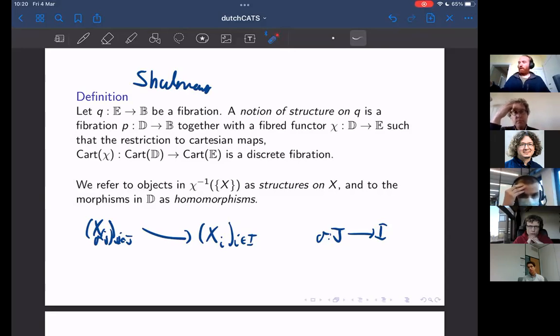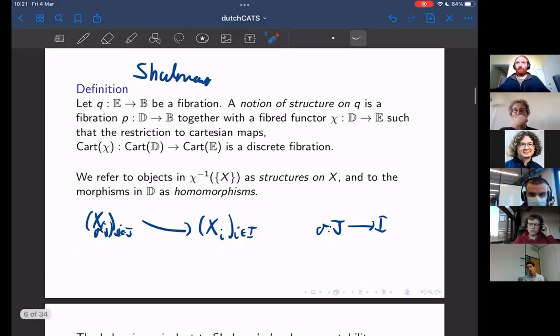Another thing I can say is that if you have a group structure on here, there's a unique group structure on these that makes this Cartesian re-indexing into a group homomorphism. So that's the intuitive picture.